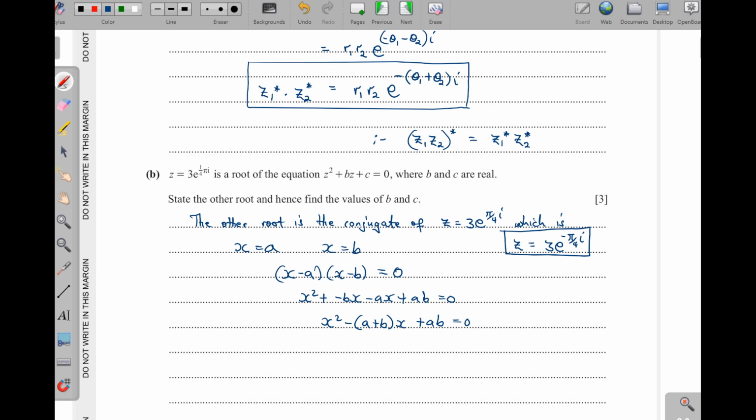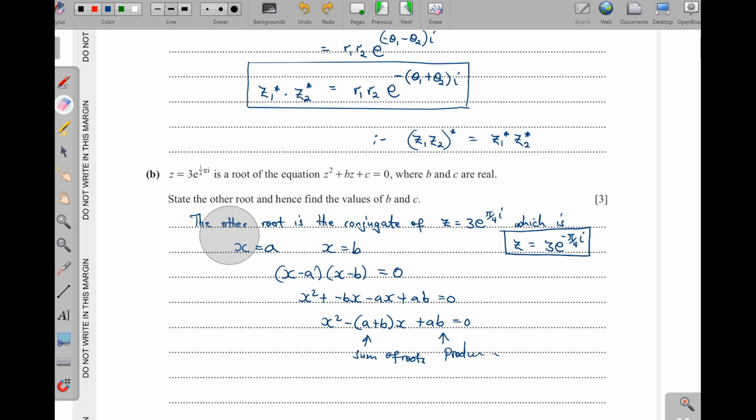Now, do you see that here you are having sum of roots, and then here you are having product of roots? So I add the roots and put the sum here, and then I multiply them and put the product there. You see that?